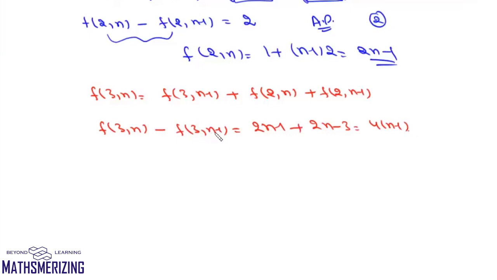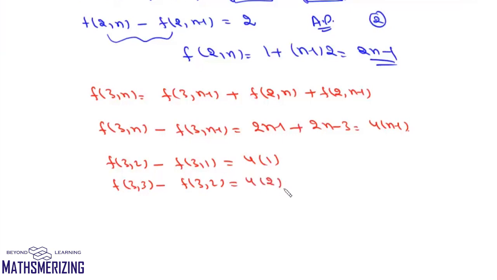Now we'll put n as 2, we'll write F32 minus F31 will be 4 into 1. If we put n as 3, we'll get F33 minus F32 will be 4 into 2, and finally we can write F3n minus F(3, n minus 1), and it will be equal to 4(n minus 1). Now we'll add them all up. When we add them, all these successive terms will cancel.